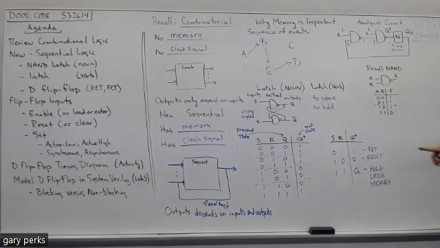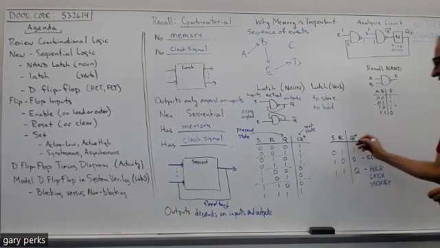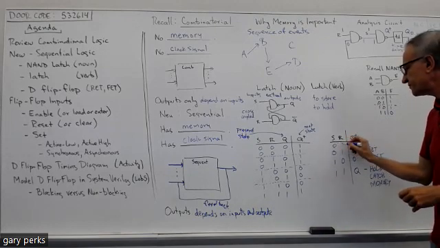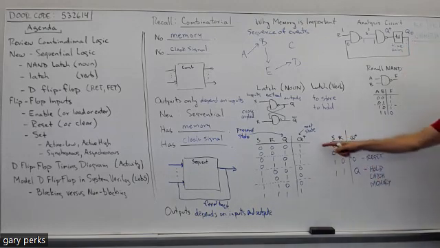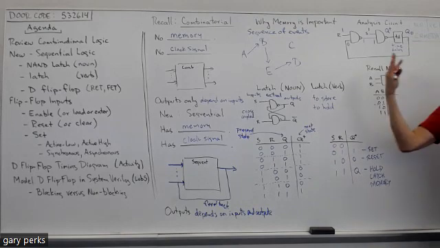Now, I purposely left the top 2 rows for last because there's something peculiar with what these top 2 rows tell us. When S and R are both 0, you can see that the next state of Q is 1 in either case. This is where just looking at the analysis table doesn't tell us the whole story.